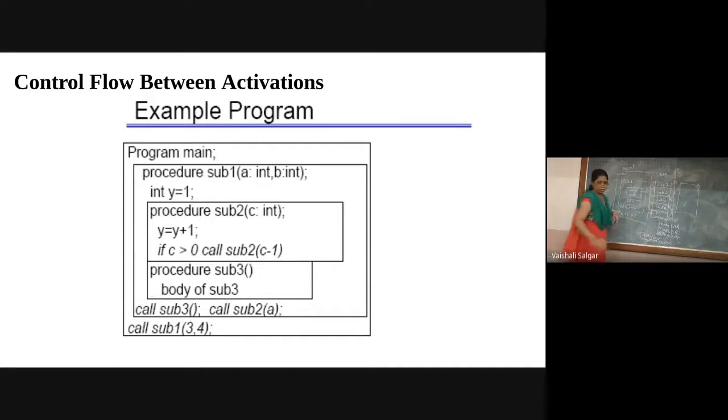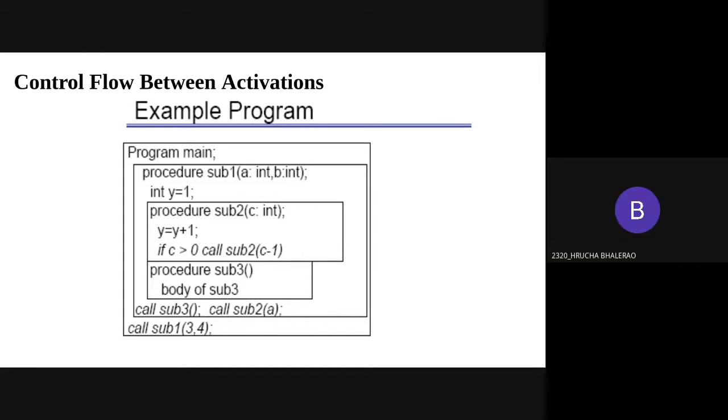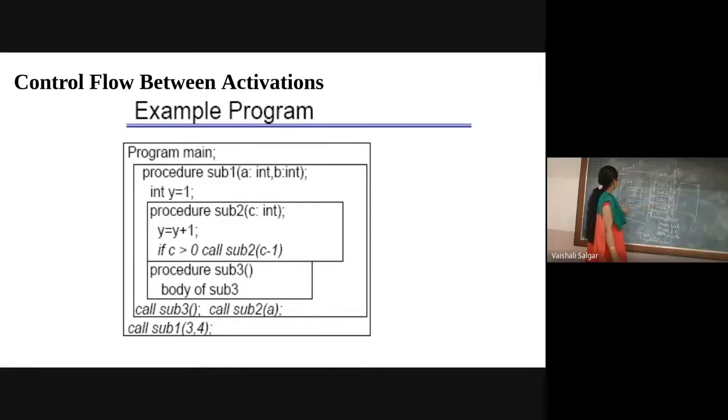Sorry, I think I have made some mistake. Sub3 is called from sub1. So from sub3, the control link returns to sub1 only. Yes, ma'am, but sub2 is called in sub1 only, no? So sub2 is also called from sub1. Yes, I have made a mistake.